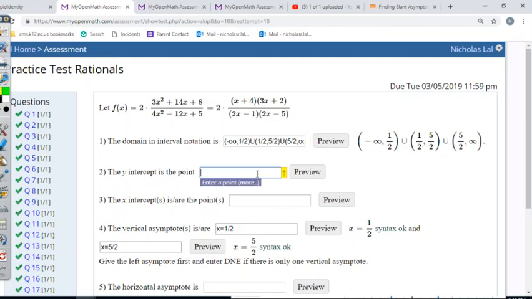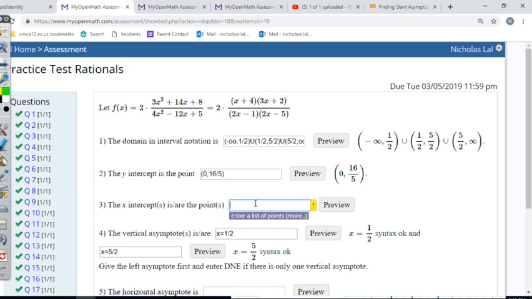All right, the y-intercept, that's the value when x values are 0. That's going to be 16/5. So sorry, 0, 16/5. So x value is 0, and our y value is 16/5.